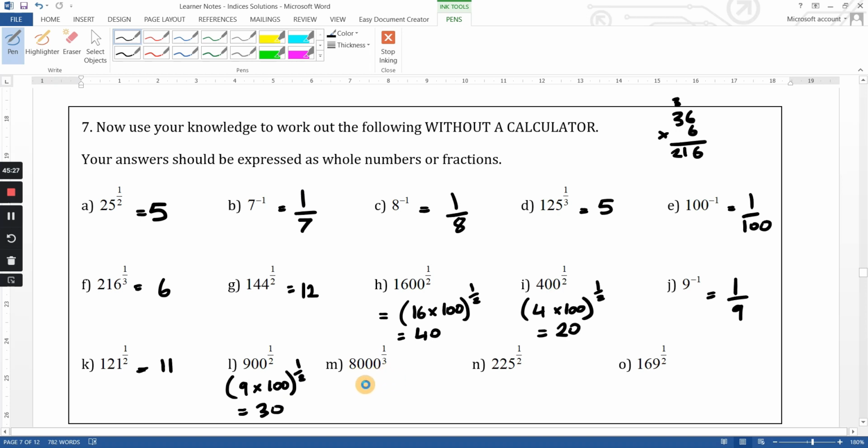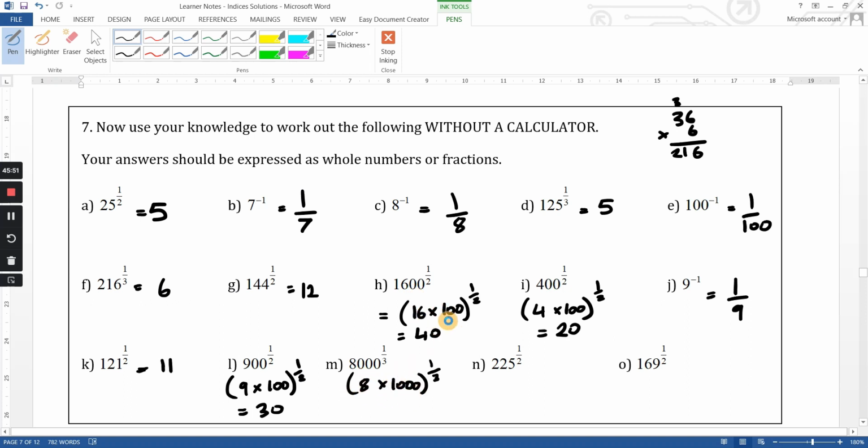I'm going to have to split this, so that's 8 times 1000. And when you split it, what I'm doing is splitting it into cube numbers, because I know it's going to be cube rooted. So you're looking at cube numbers.